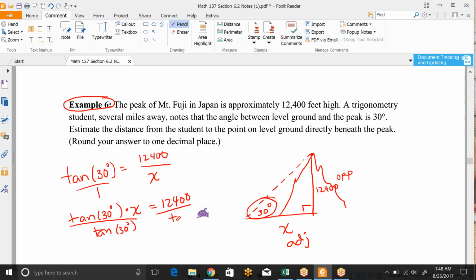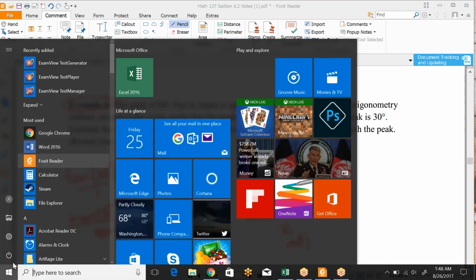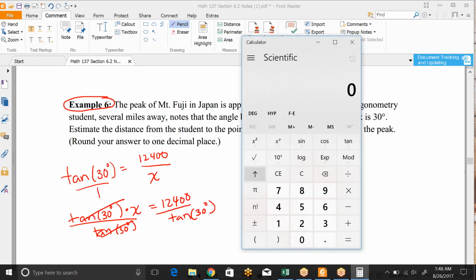Now when using your calculator, you want to make sure that you are in the correct notation for using it for angles. There is both degree and radians, so you have to know how to change between them. It usually defaults to degrees, but always double check. So 12,400 divided by, and mine is in degrees, so 30 tan, and most calculators you'd have to enter the tan first. And then I hit enter, that's 21,477.4 because it does say to round to 1 decimal place.